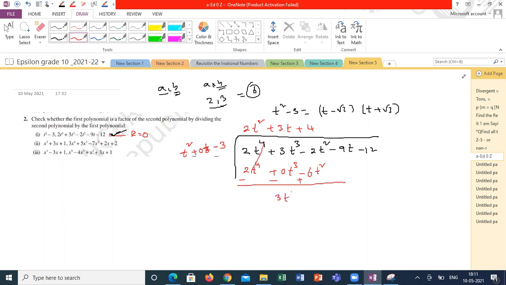This is 3t cube minus 2 plus 6, 4t square minus 9t. 3t means 3t into t square, 3t cube plus 0t square, minus 9t.